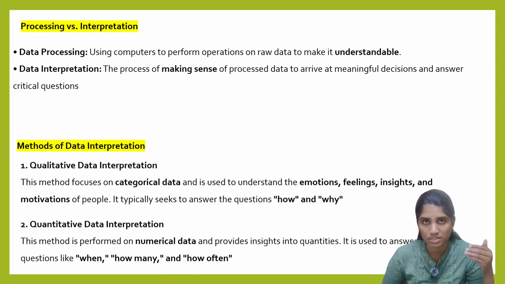If it has to be structured, it has to be only integer. It cannot have alphabets or alphanumeric values; it should only have numerical values. If there are any missing values, we are going to represent them as 0. So we are processing the raw data, performing some operations to make it meaningful and understandable.